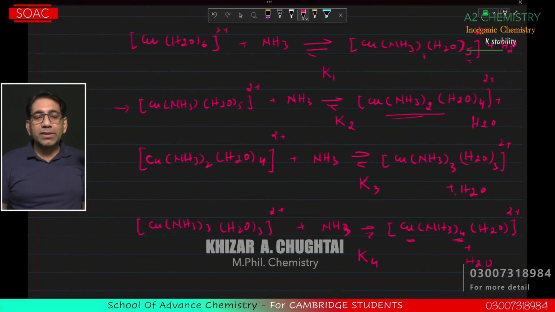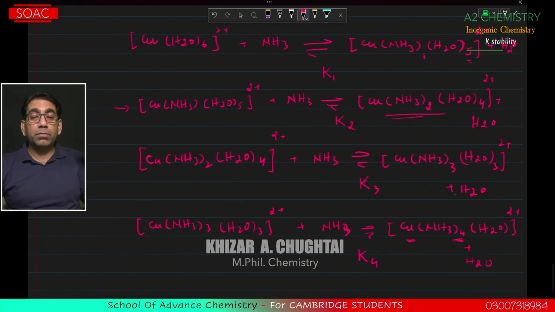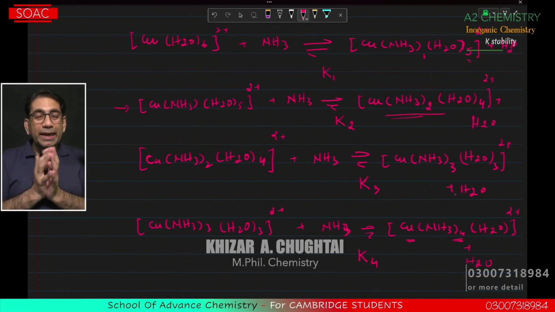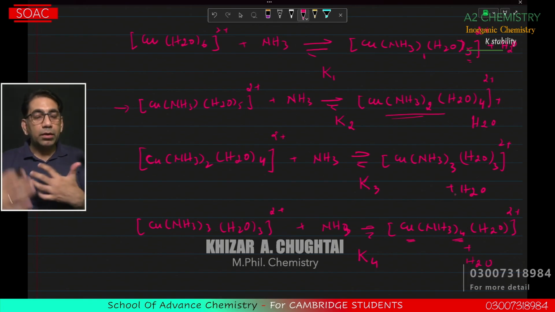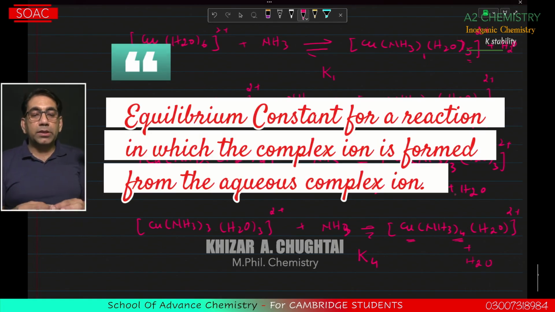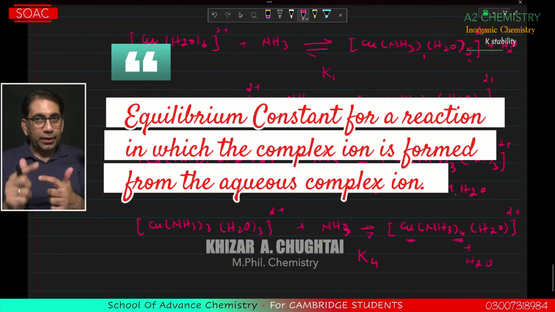So what does K stability mean? Basically, K stability shows the stability, or the value of Kc. K stability is the equilibrium constant, as I told you. It's an equilibrium constant for the reaction in which a complex is being formed from its aqueous ion. So once again, I'm going to repeat it.